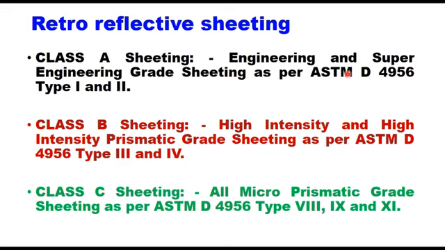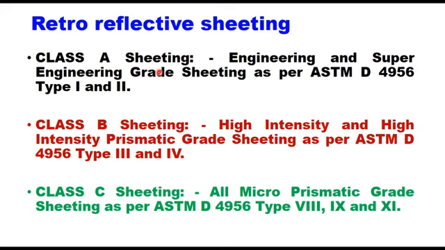Retroreflective sheeting used on the signs will be white or colored sheeting having a smooth outer surface having a property of retroreflection over its entire surface. Retroreflective sheets are divided into three classes: Class A sheeting, Class B sheeting and Class C sheeting.